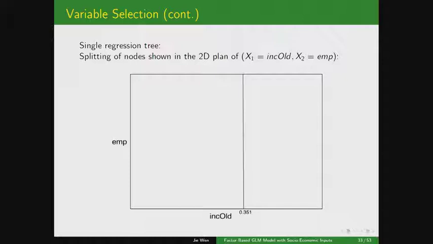Here we have identified that if we split the income domain score at 0.351, all of the LSOAs in this region have the same y hat, which is the average of all of them, and all of the other LSOAs in this region have exactly the same y hat, which is the average of all of these LSOAs. We picked this point because it gives us the most significant reduction in the MSE.